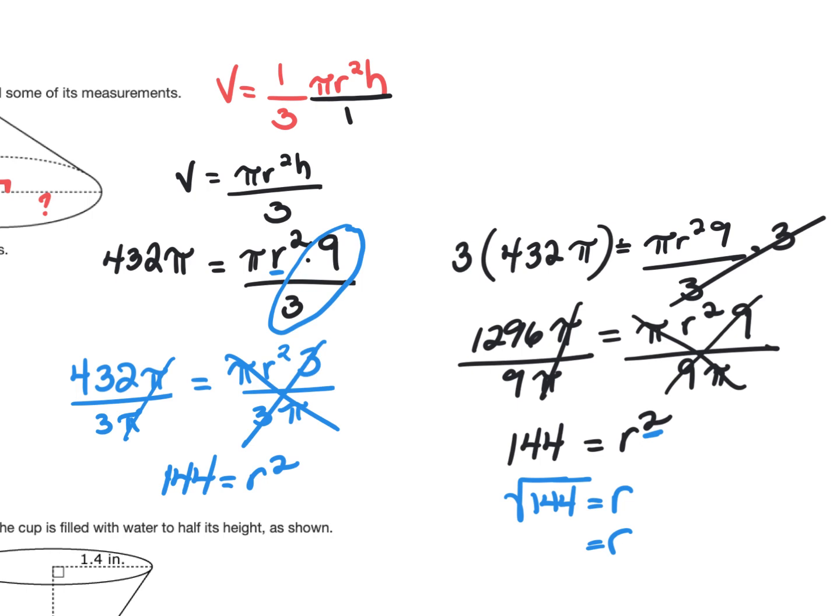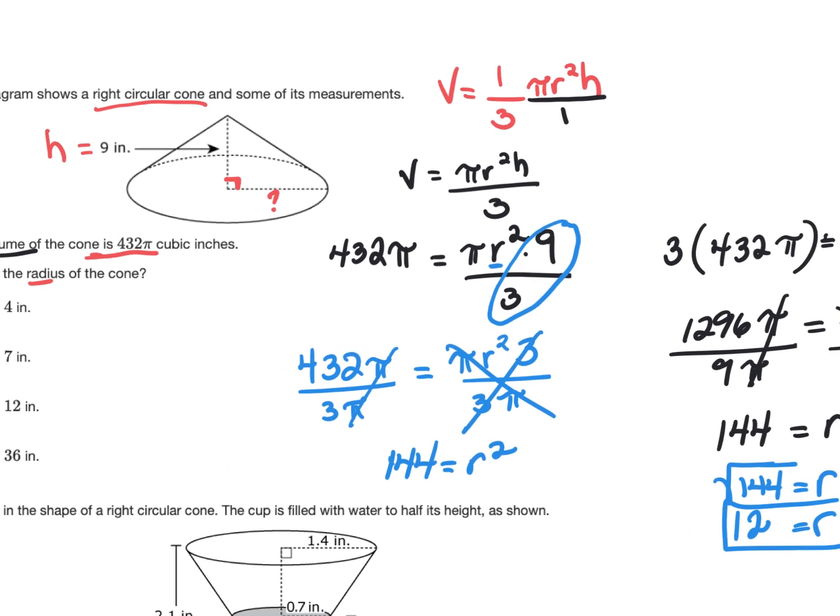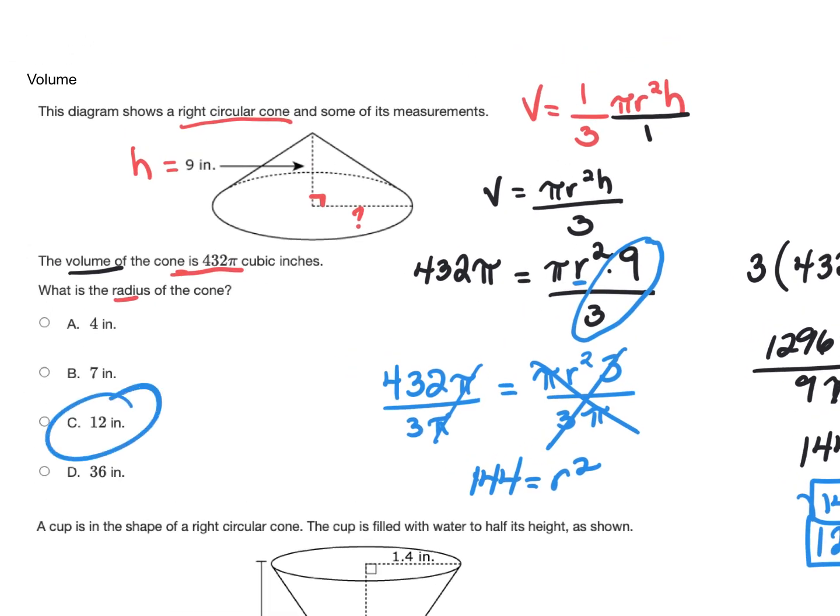Now this problem would be on session 2, so you would have a calculator. I'm sure most of you know that 10 times 10 is 100. So then using your calculator, try 11. 11 times 11 is 121. That's not it. But 12 times 12 does give me 144. So that would be the measure of my radius.